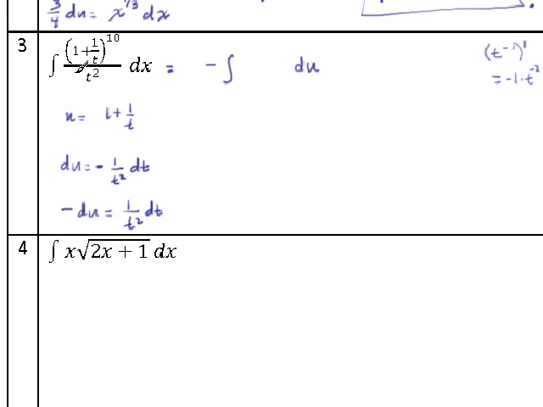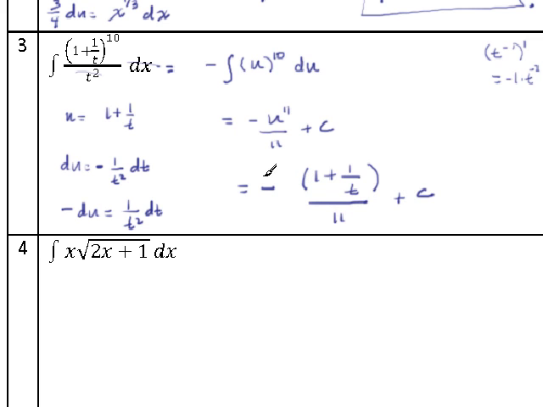All right, so we took care of that. And now here we have u to the 10th. So this turns into a simple power rule. And let's just replace u with 1 plus 1 over t. And that's it.